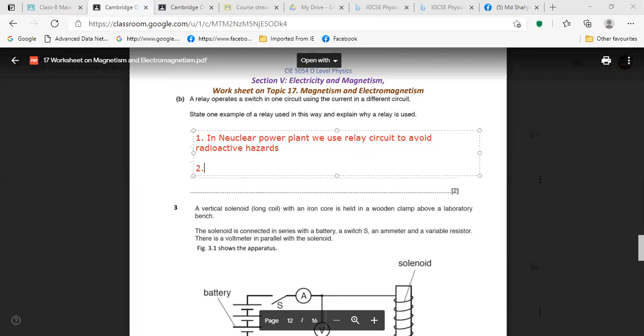A small circuit is over there, and that circuit is turning on the bigger engine circuit where we have sparking to run the engine, the combustion chamber of the engine, right? So if you want to do it directly in the combustion engine, then there is a risk, right?